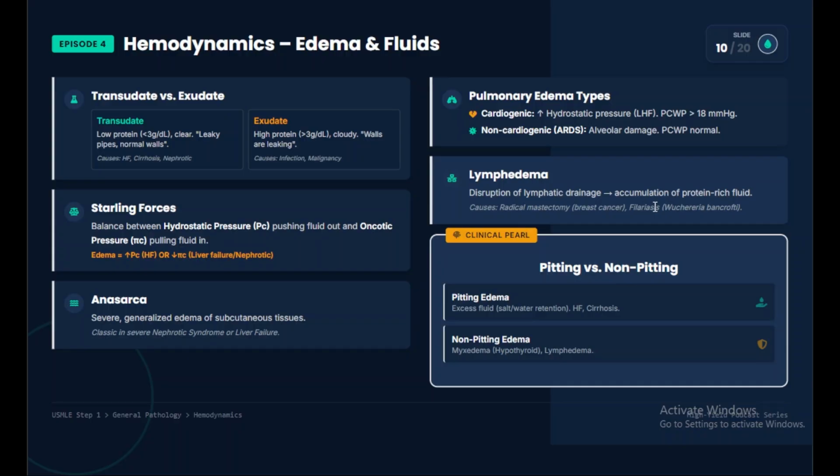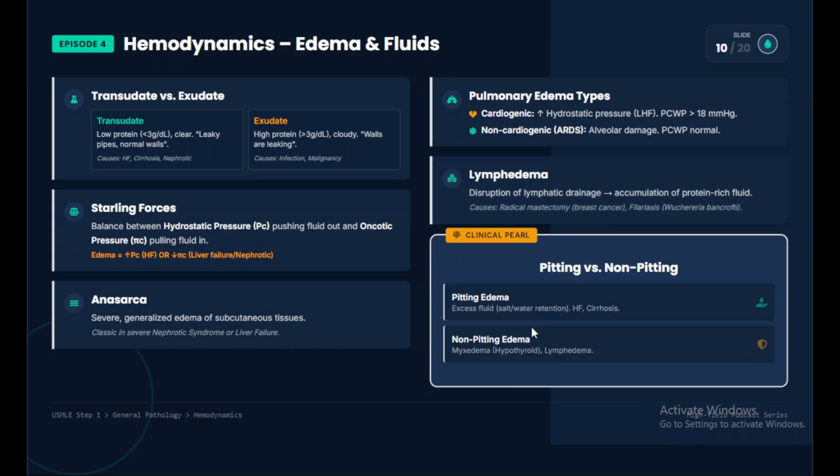Now, there are some clinical pictures I want to share with you, which is pitting edema versus non-pitting edema. Pitting edema is simply when you press your finger and the indentation remains. It is usually caused by fluid overload like heart failure, cirrhosis, and salt and water retention. In such cases, we usually give Lasix, also known as furosemide, 20 mg or 10 mg.